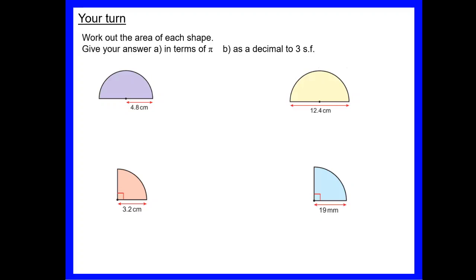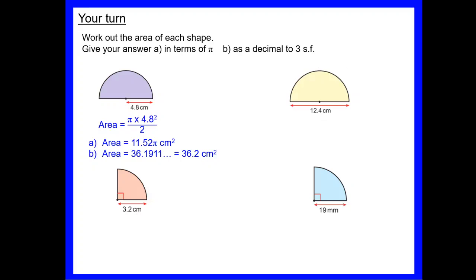All right, let's have a look at the solutions then. First one, we've got pi times the radius of 4.8 squared divided by 2, because it's a semicircle, it's half of the circle. So in terms of pi, we get 11.52 pi. And if we then press our SD button on our calculator to get our decimal, we get 36.1911 to 4 decimal places.